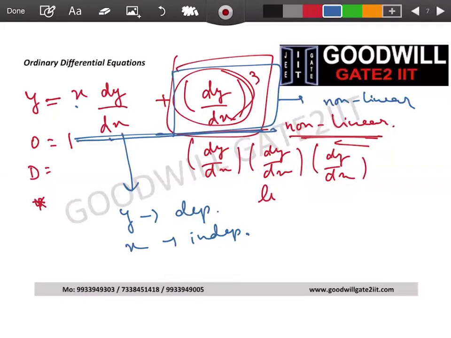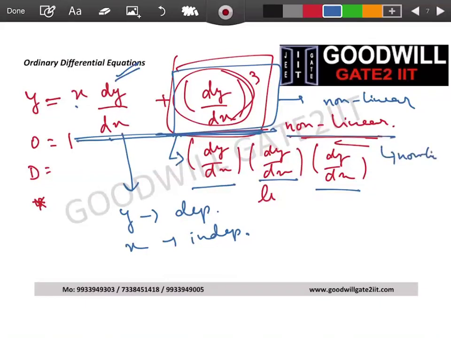This term is linear, but this term is non-linear because you have dy by dx into dy by dx into dy by dx. So this equation becomes non-linear.